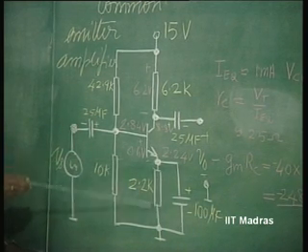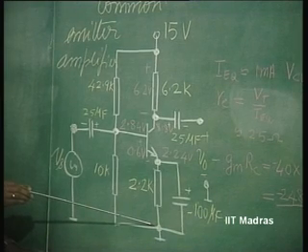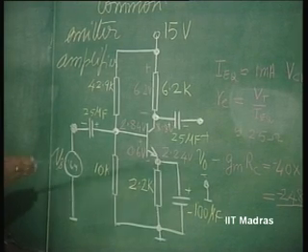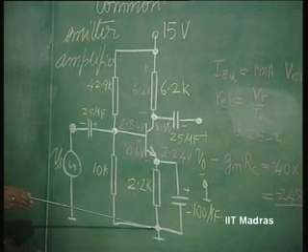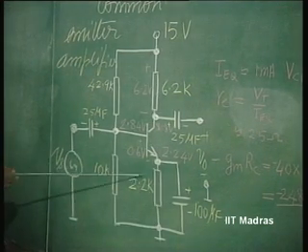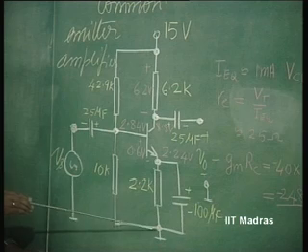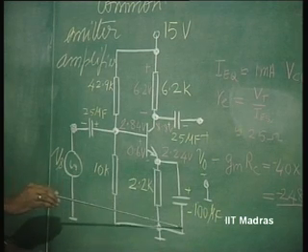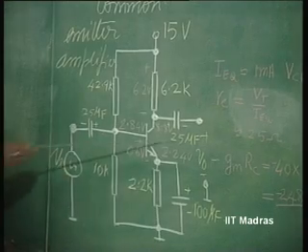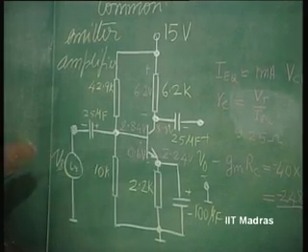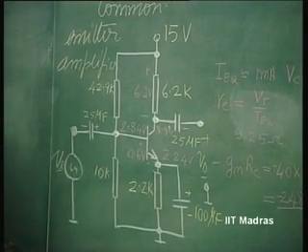And we have introduced 2.2K emitter resistance to ground, and therefore, current in this is roughly 1 milliampere. So, this transistor has been biased to operate at 1 milliampere. This has been bypassed by the emitter bypass capacitor of 100 microfarad. So, this is a common emitter configuration biased at 1 milliampere.